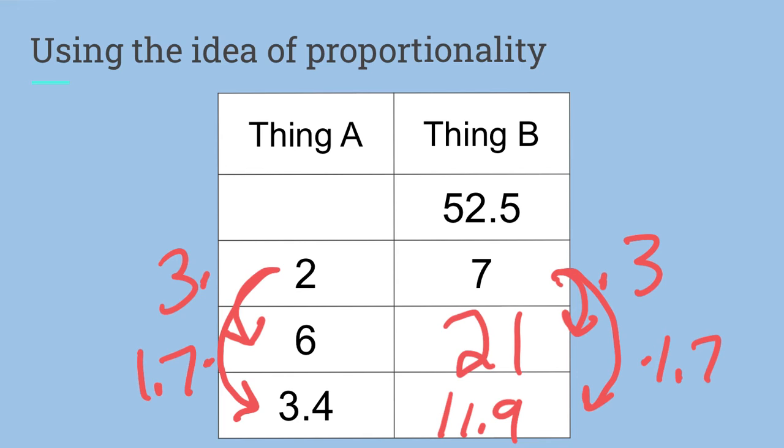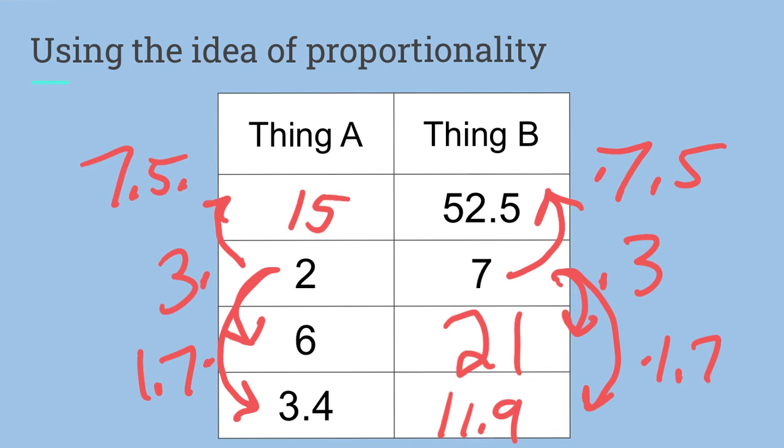I can check on the last number here also. I could use 6 or 2. I chose 2. I divided 3.4 by 2 and found out 2 goes into this number 1.7 times. That's my scale factor, and I'm going to use that here to keep it balanced and proportional. 7 multiplied by 1.7 is 11.9.